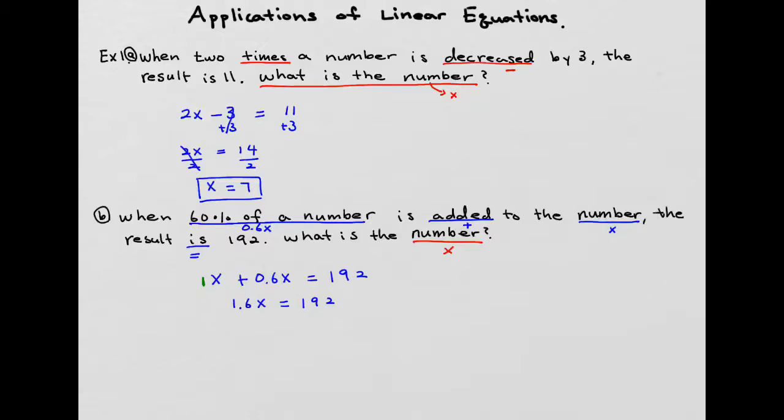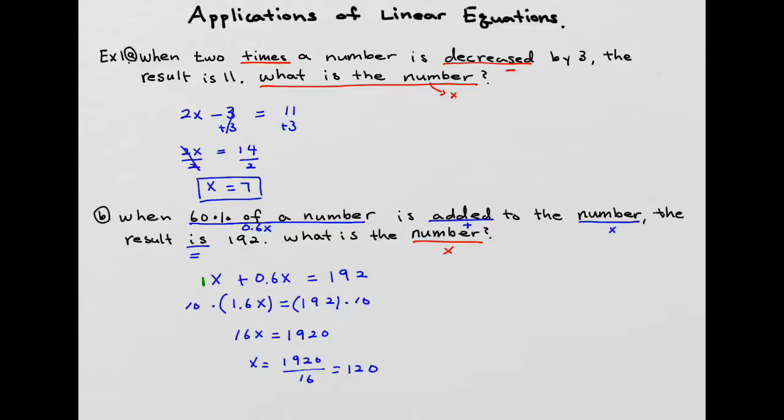If you don't want to deal with the decimal, you can multiply both sides by 10. Then you get 16x equals 1,920. And when you divide both sides by 16, you get 120.